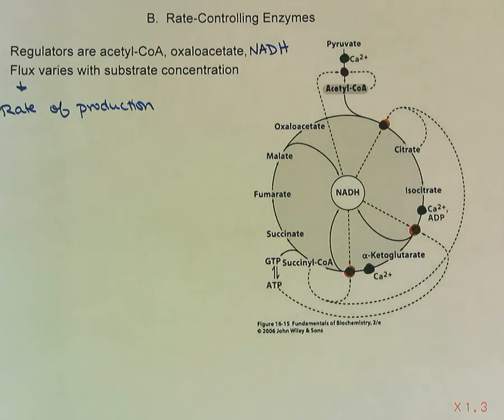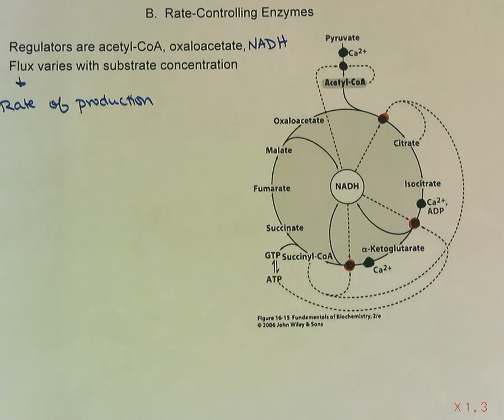All right, so if we're looking at these different feedback pathways, you can see that there are a few molecules, obviously NADH, and a few other intermediates that are able to turn on and off the entire cycle depending on what they're doing.